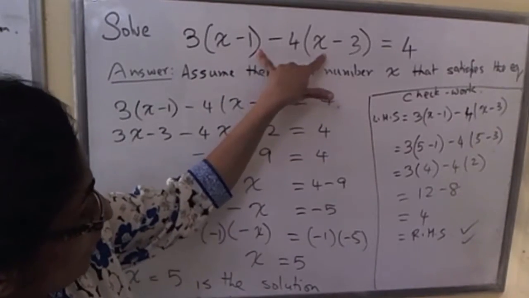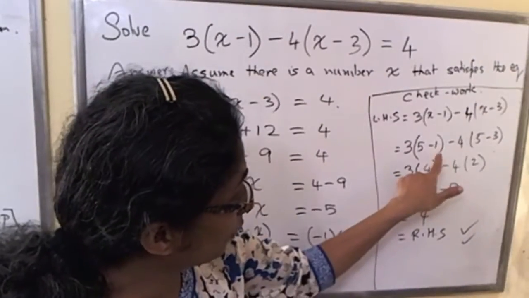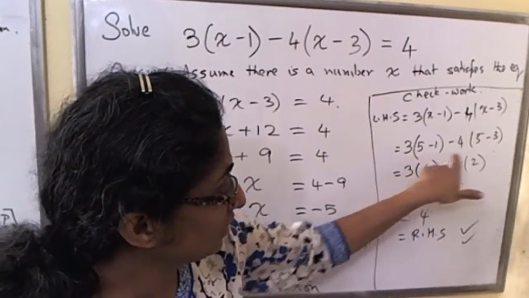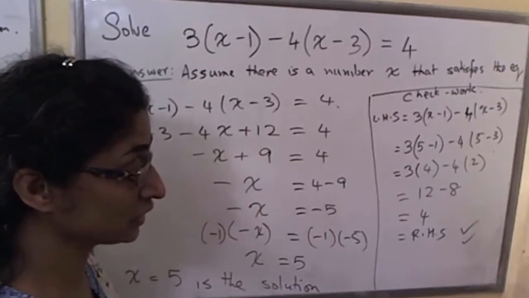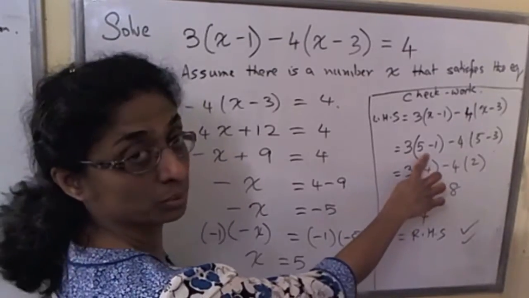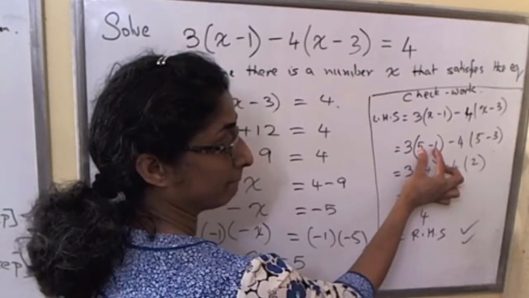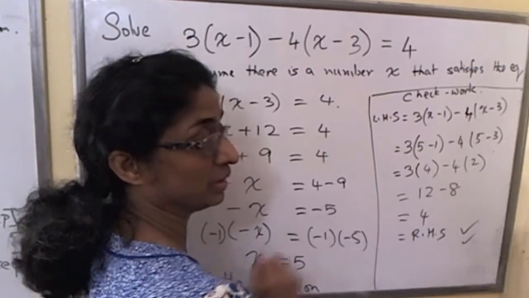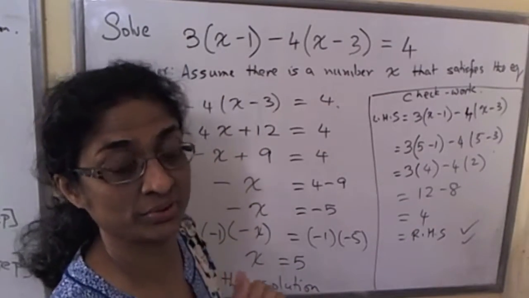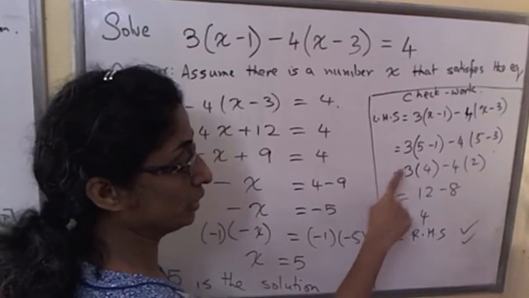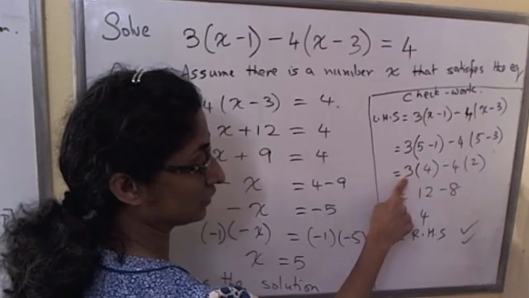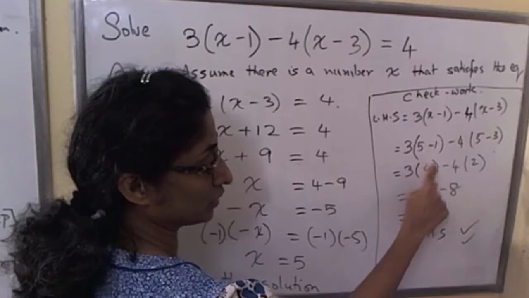Here I start out with the left hand expression. I put in 5 and I get this expression. Remember, in this expression, do not use the distributive law. Instead, here the parenthesis tells me carry out whatever arithmetic you can for the numbers inside the parentheses. So do that. So from here we get 3 times 5 minus 1 is 4.